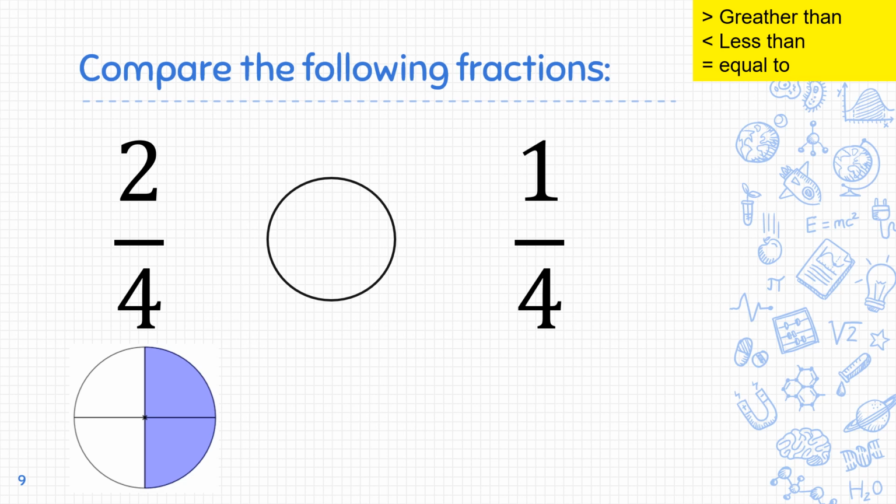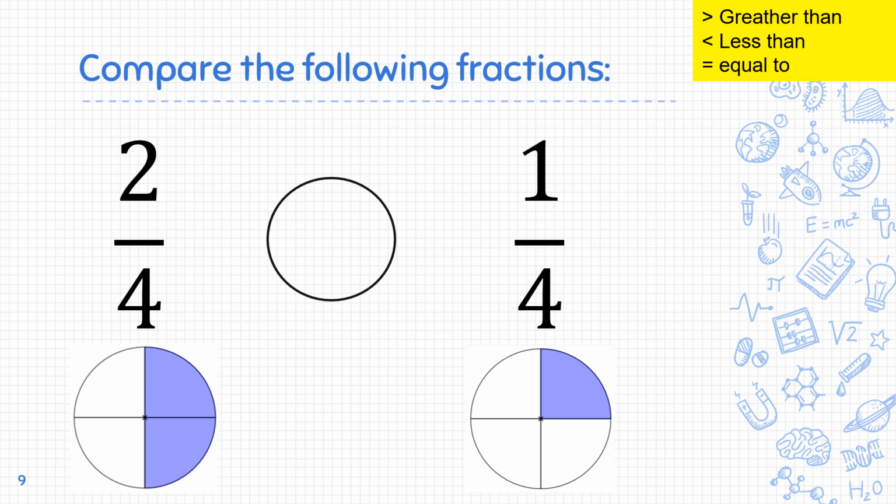There on the bottom part we have one circle divided in 4 and 2 are painted. Same thing for 1/4. So which one has more color? Is 2/4 greater than or less than 1/4?